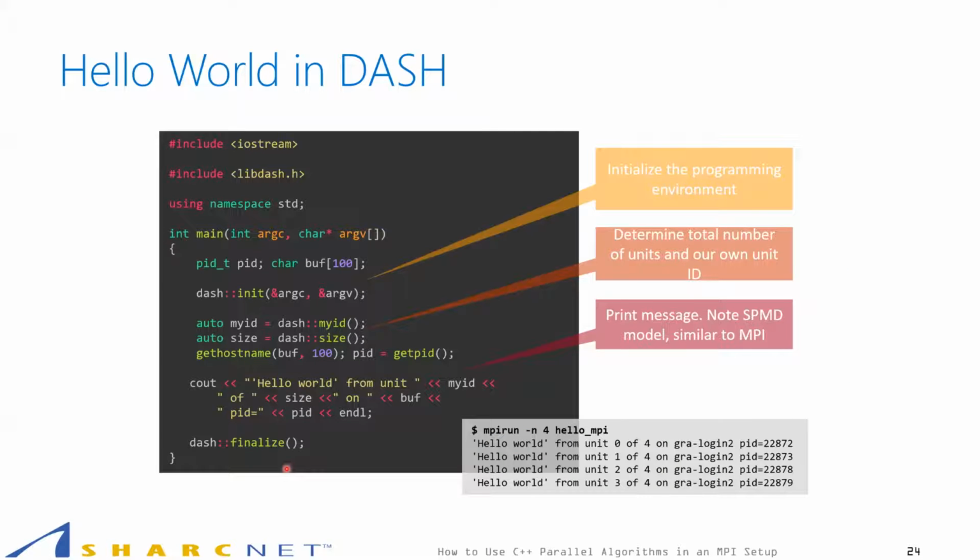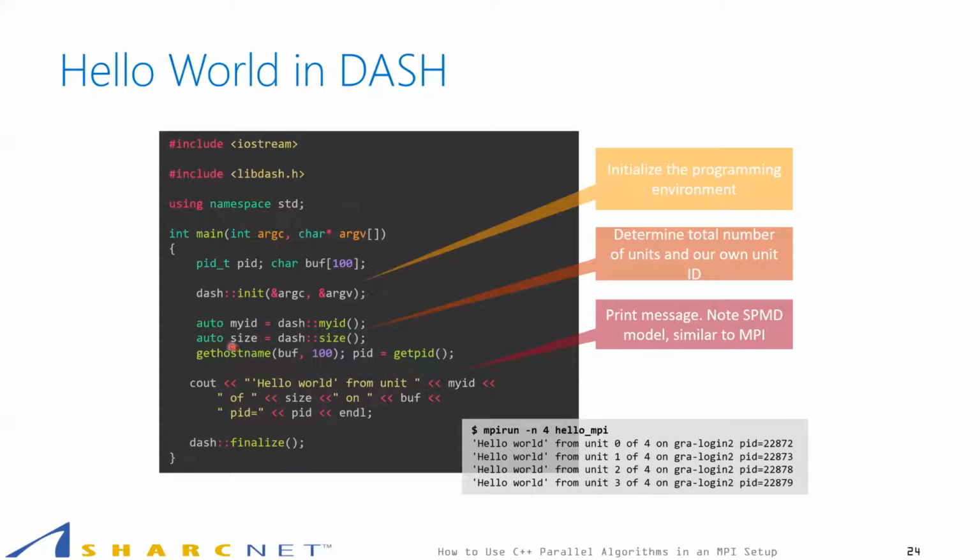So here is a hello world in DASH example. You need to include the main header file, and the namespace for the DASH library is dash. Like any MPI program, first you need to initialize the programming environment, and then you can determine the total number of units and our own unit ID.